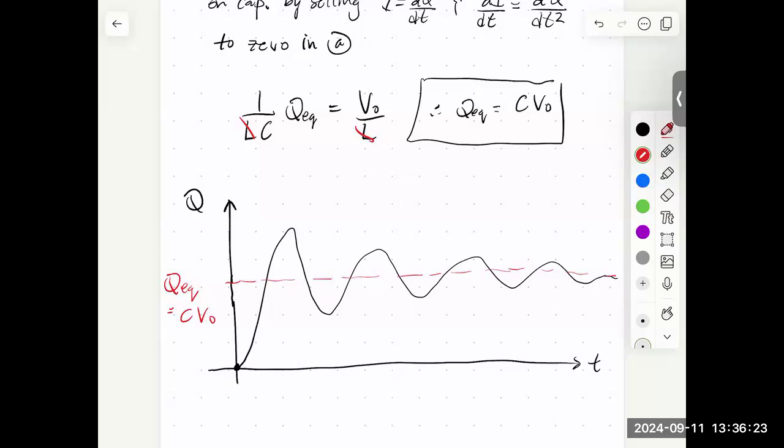And wherever we have these crossings of the equilibrium position, that's where the slope is the steepest, either positive or negative. And so that's where we would have the peaks and dips in our current. So it would look the same, it would just be shifted in phase. Okay. You will see this behavior in lab number 4.